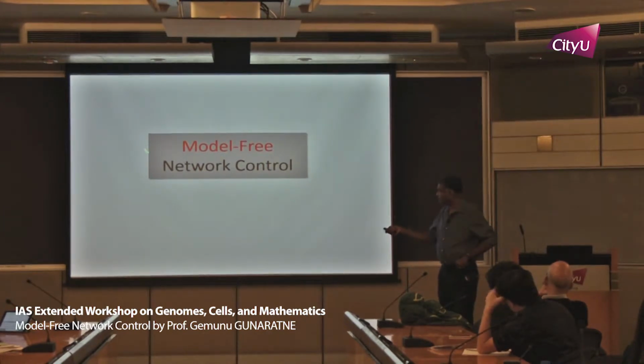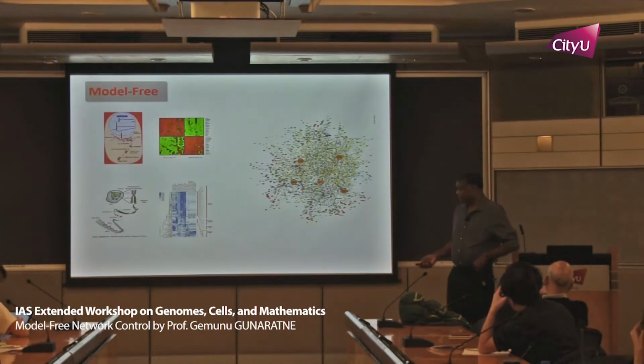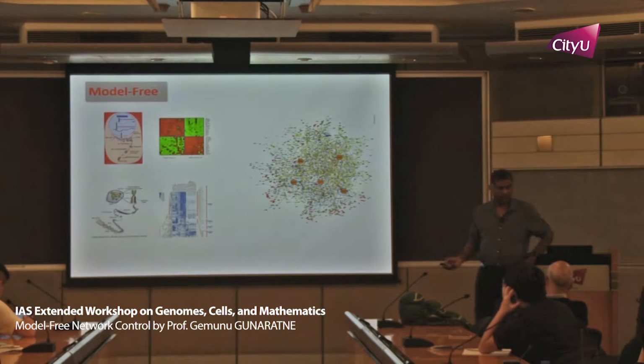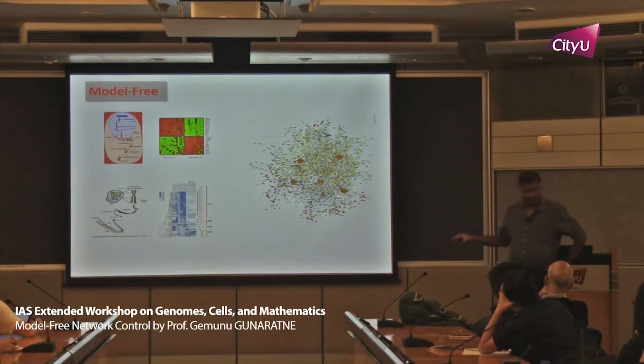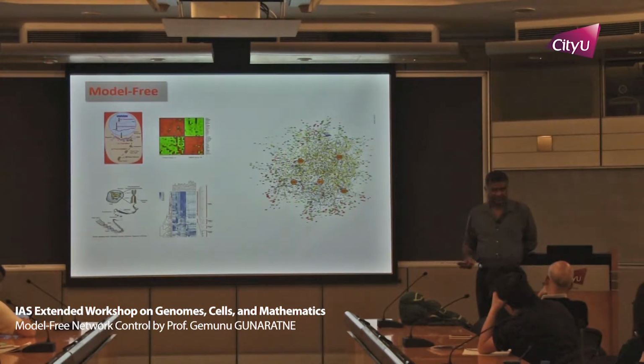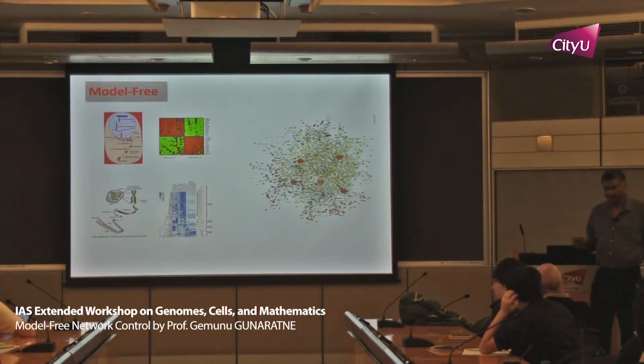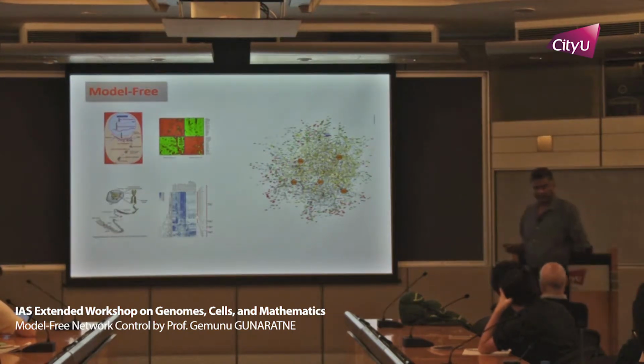Finally, why model free? The problem here is this kind of complicated system. It's virtually impossible to model this. Also, the interactions between these genes are biochemical reactions. We don't know the form of these biochemical reactions typically.